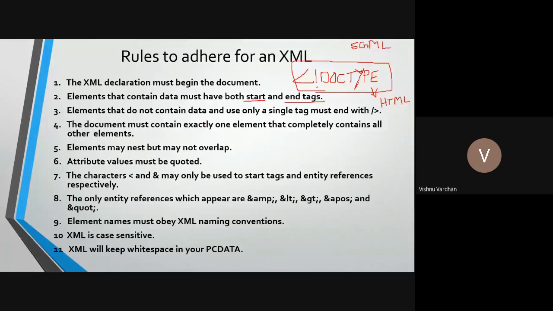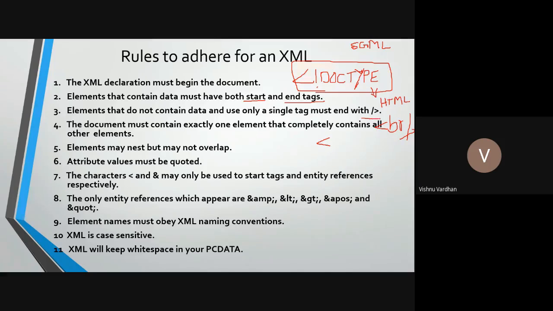Elements that do not contain data and use only a single tag must end with a self-closing tag. This we have also discussed exclusively in the previous class. HR, BR, image, some peculiar formatting kind of tags that were implemented in HTML can safely be used in this format of self-closing tag.